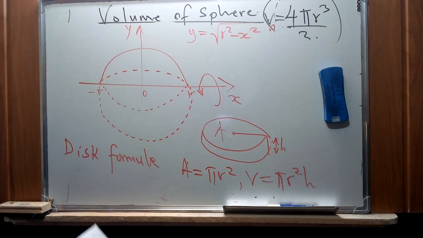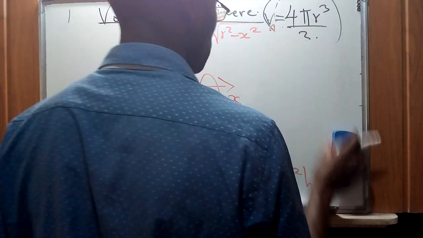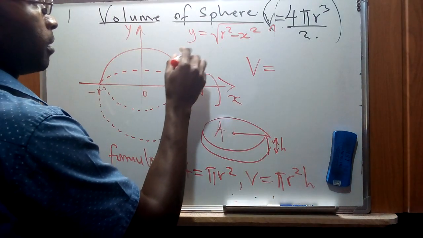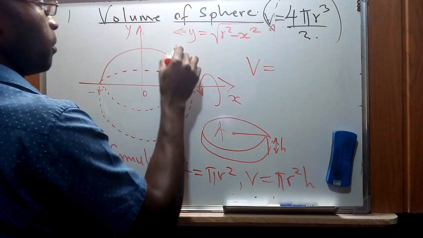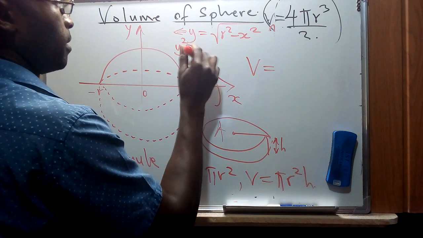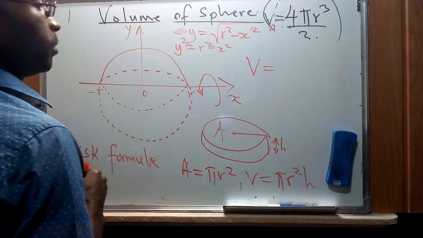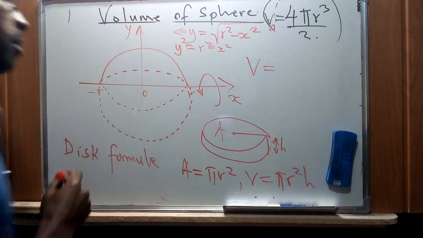If we have a curve represented as such, we can integrate to find the volume using the disk formula. Here y squared is r squared minus x squared.